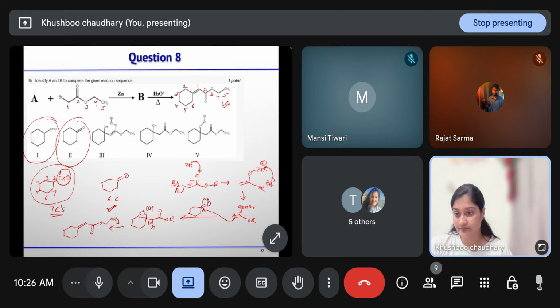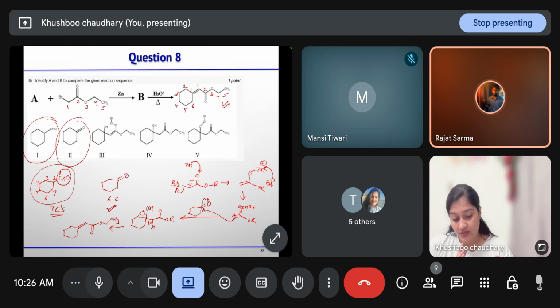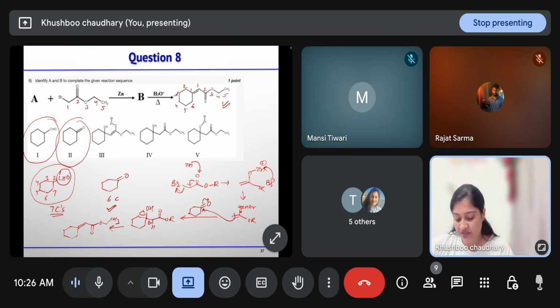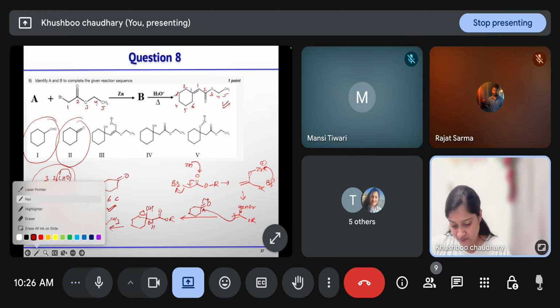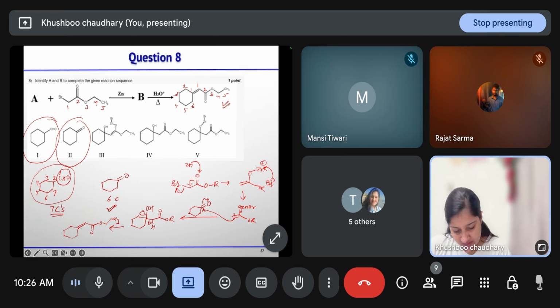Okay. Yes, ma'am. Clear. So the intermediate that will generate in between: this ketone also will coordinate with zinc. So before this, your ketone will coordinate with zinc, and here it is bromide, here it is oxygen, and this is enolate.